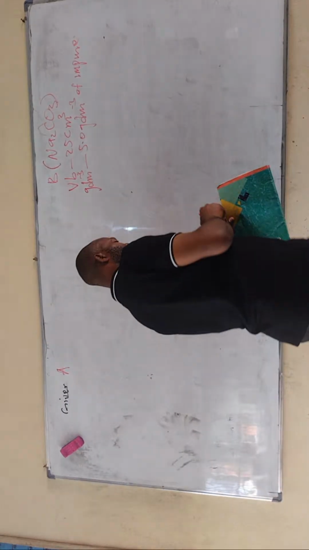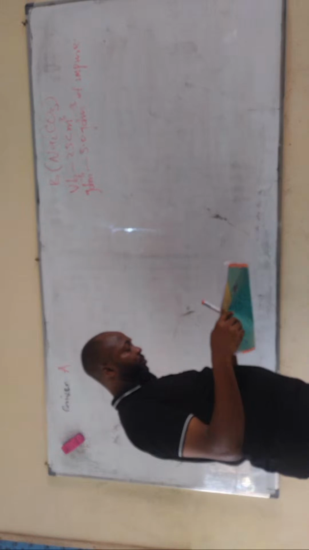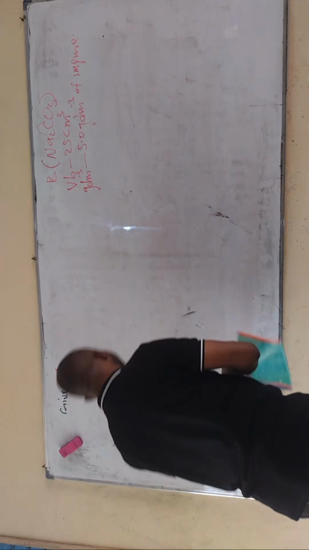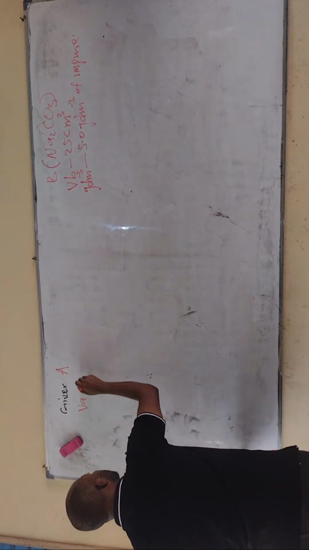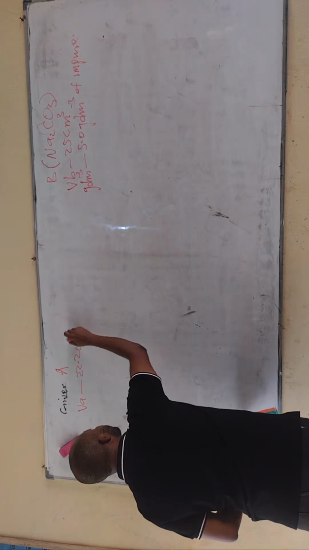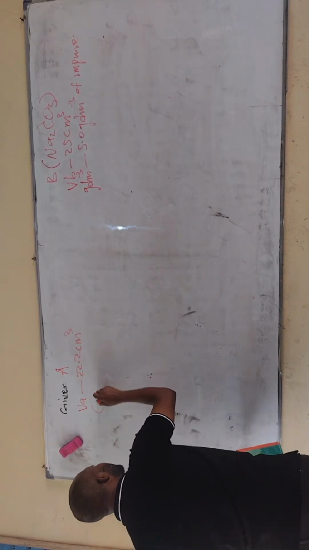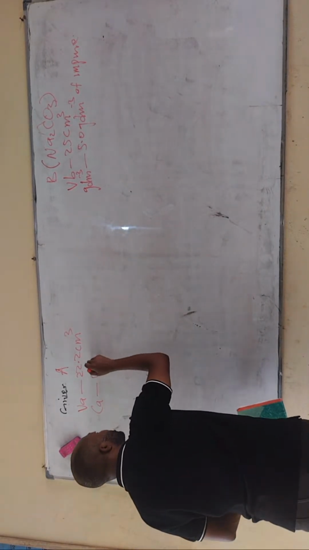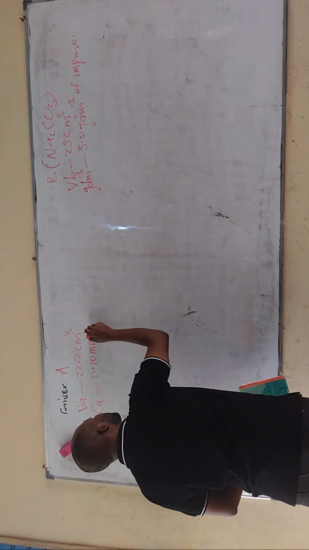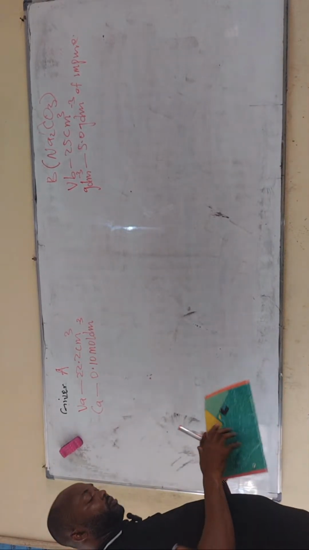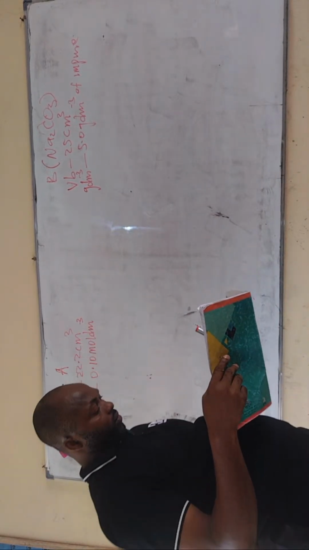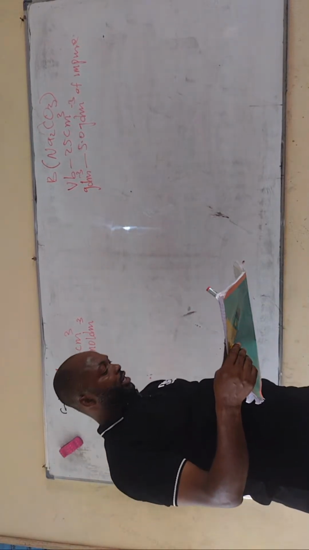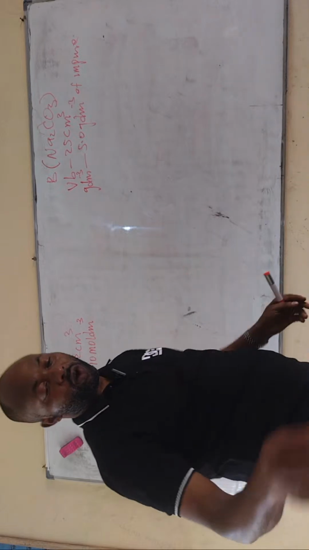Volume of the acid is 22.2 cm cube, and the concentration of the acid is 0.10 mole per dm cube of hydrochloric acid. We calculate the molar concentration of B.